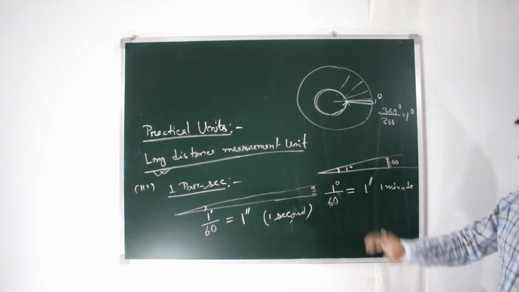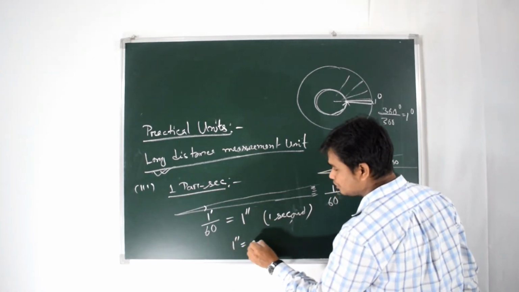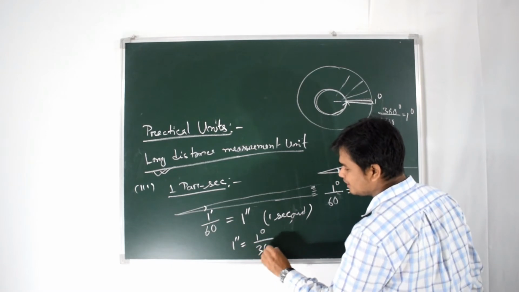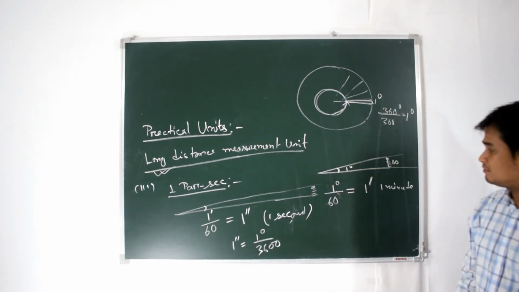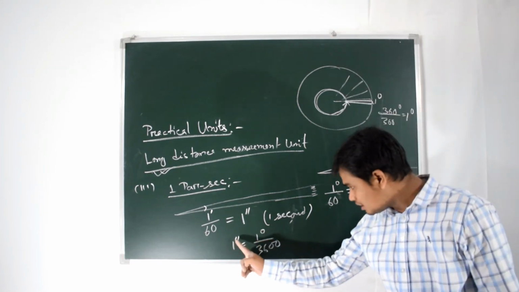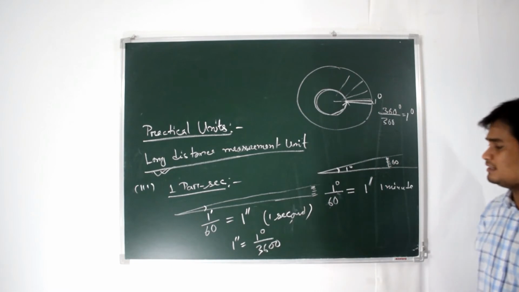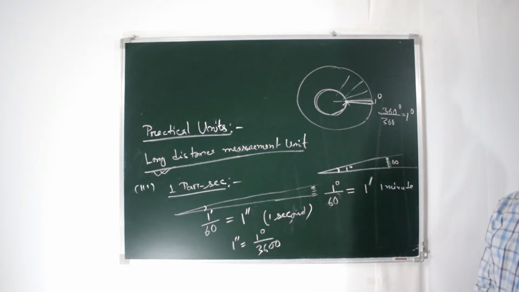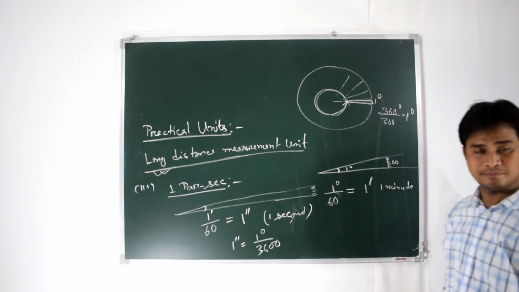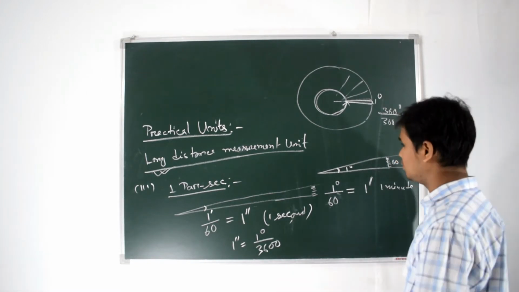Now this 1 second is equal to 1 degree divided by 3600. We learned that 1 minute is 1 degree divided by 60 parts. That is very small. 1 second is a very small angle.